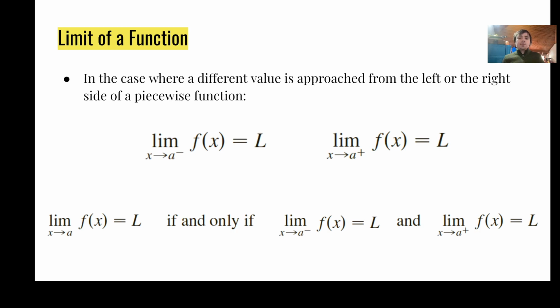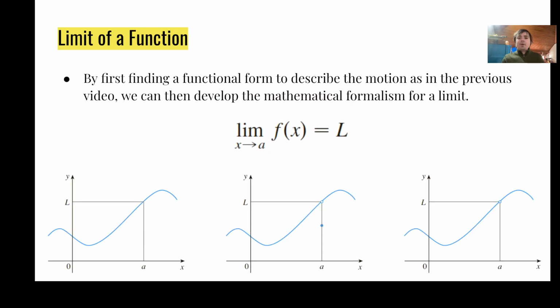You can only actually write that the limit as x approaches a of f of x equals L without any pluses or minuses above the a if and only if you approach the same value from the left and also from the right. Going back to the previous slide, each of these, when you approach a from both the left and the right, approaches the same value L. So in each of the three cases, we don't need the little positive sign above the a.